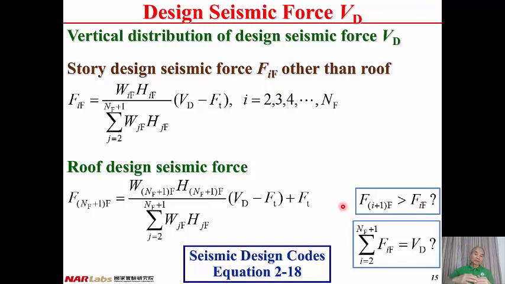That means the seismic force above the floor is always larger than the current floor. Another question is, the summation of all the story design seismic force, the summation from i equal to 2 to NF plus 1 of FiF, is it always equal to VD? That's my second question.